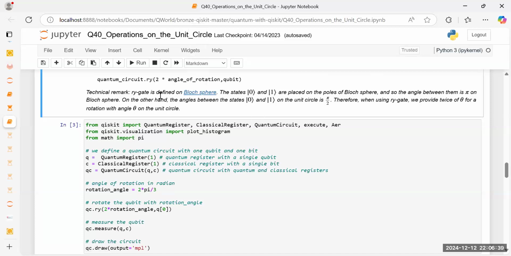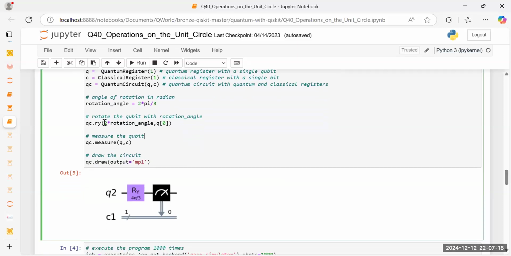We're not going to go over the Bloch sphere in this workshop, but if you end up participating in Q-Silver or any other quantum computing workshop, when we multiply the rotation angle by 2, we get an angle on the Bloch sphere.